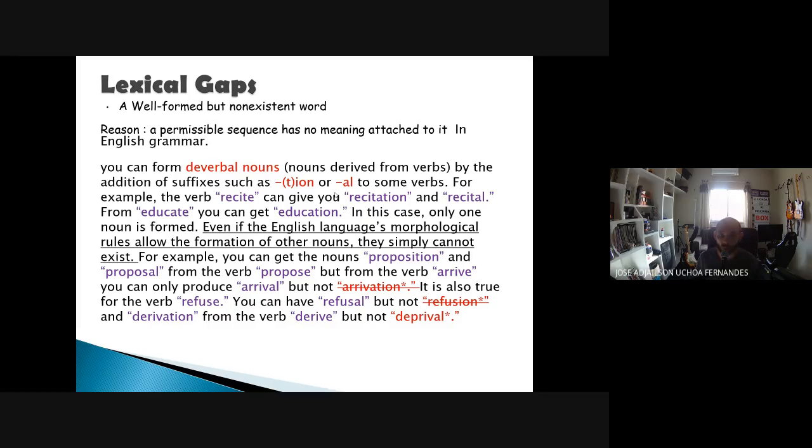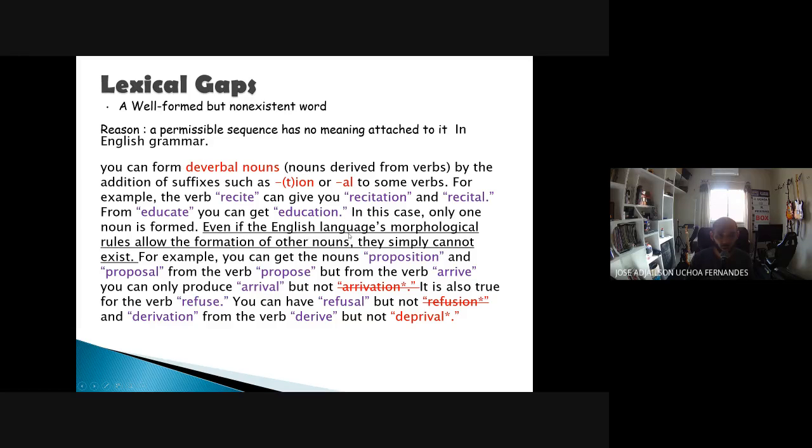And morphological lexical gaps are those words that could exist according to the word formation rules, according to the existence of suffixes and the possibility of adding them to roots, but these words simply do not exist in the language. So in this case of education, only one noun is formed.